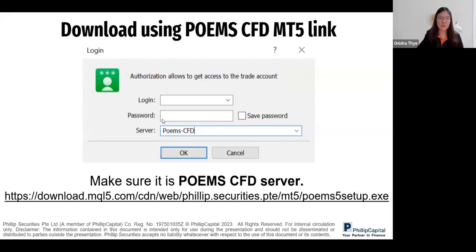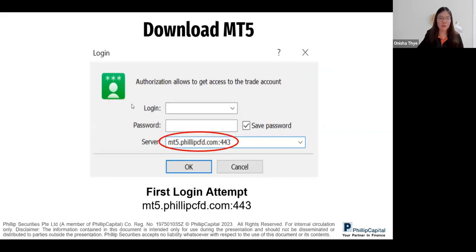Then you can access our platform, because you need the server in order to be connected. When you use our link to download, the server is already automatically linked. But if you use the MT5 that you find online, you will need to key in this series of code to be connected to our server so that you can trade our FX CFDs.